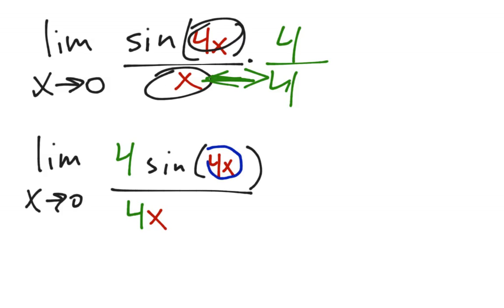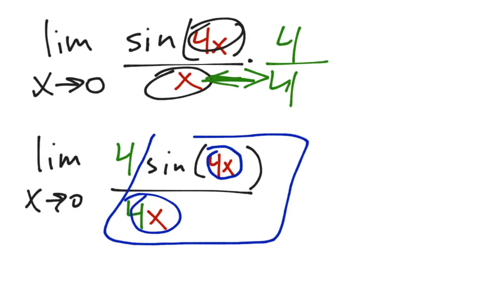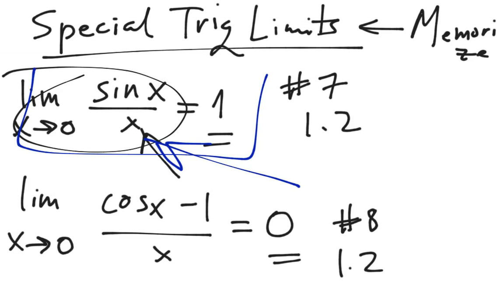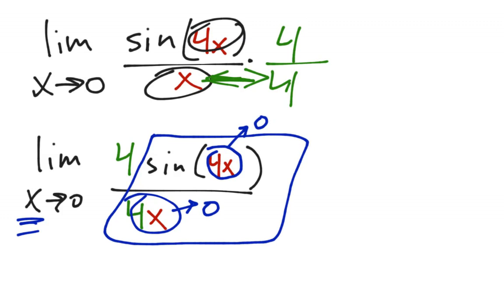Notice that you have a 4x and a 4x, and x is going to 0, which means that the stuff inside the sine is going to 0, and the stuff on the bottom is going to 0, which means by this limit here, that this whole thing in blue is just going to go to 1.